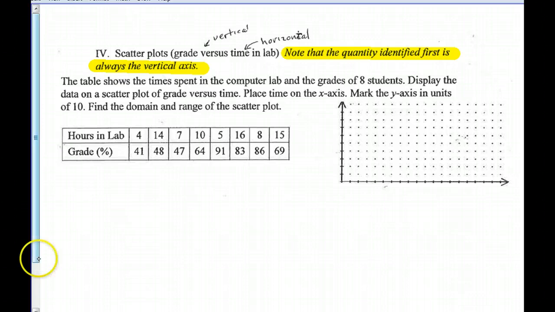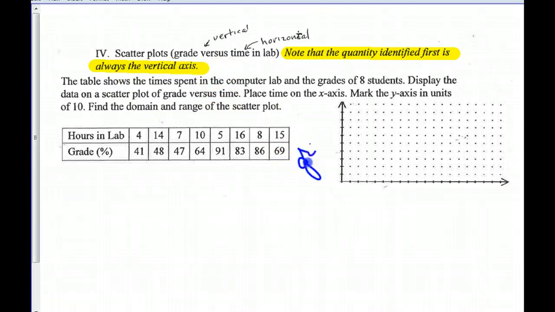Awesome. I think we're almost done with today's notes because we're going to talk about graphing on a scatter plot. This one says grade versus time in the lab. It's really important that whatever is identified first is the vertical axis, and vertical means which way?